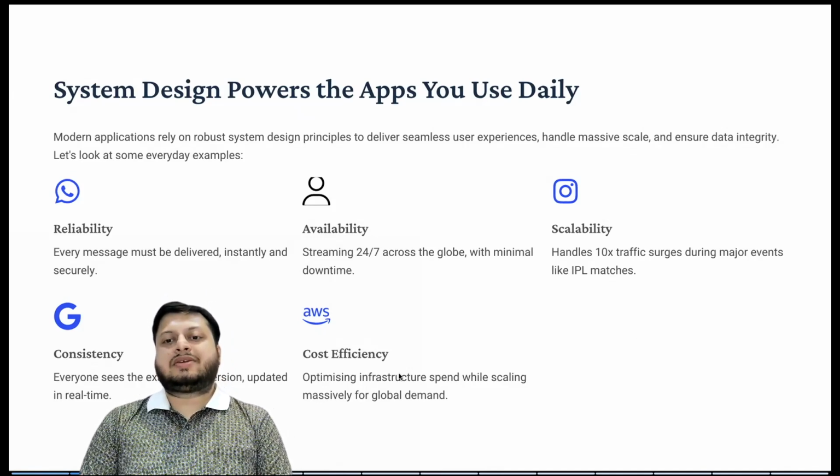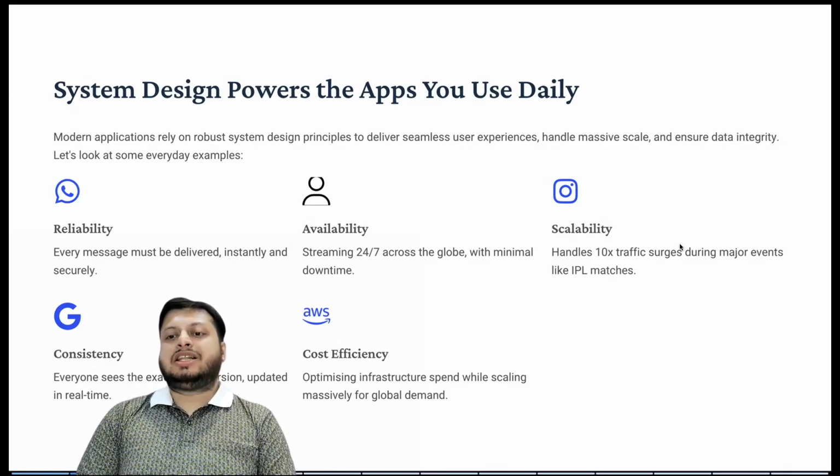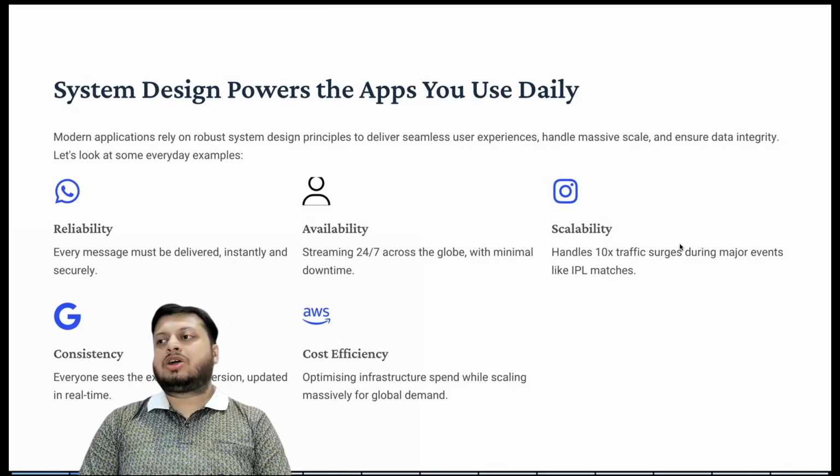Let's say there is Netflix streaming going on 24/7 with minimal downtime, so the systems are quite available. Then comes scalability. Let's say some IPL matches are going on, so the number of viewers surges. You can expect 10 to 15 times traffic surges, but the system goes on and on, because the system is scalable to handle any type of load.